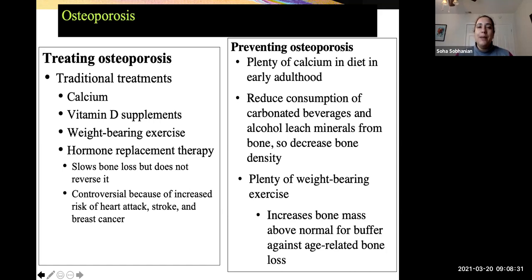So weight-bearing exercises help your muscles become bigger. And because bigger muscles are connected to your bone, your body says, okay, bigger muscle means I need to make my bone stronger. So when I do weight exercise, I build both my muscles and bones and prevent the osteoporosis from developing.